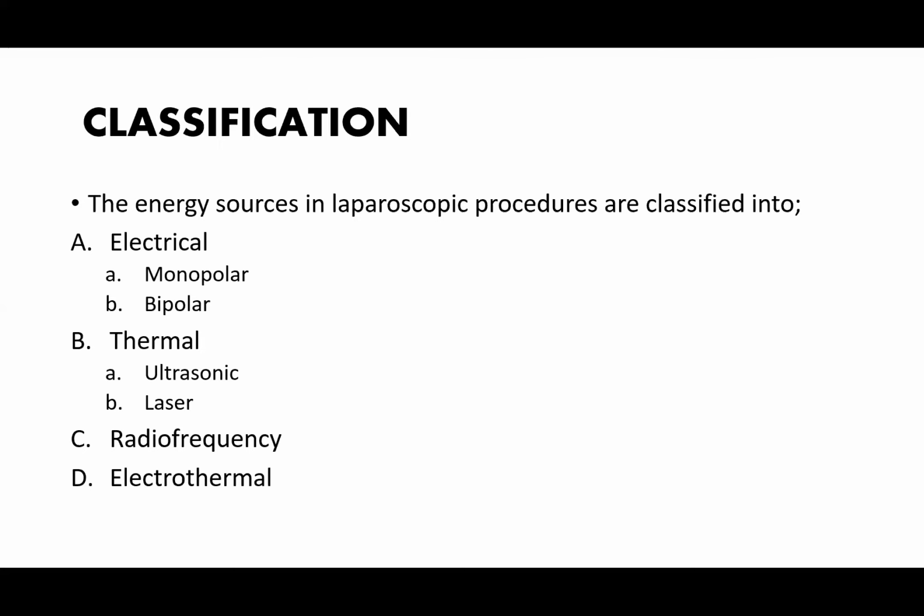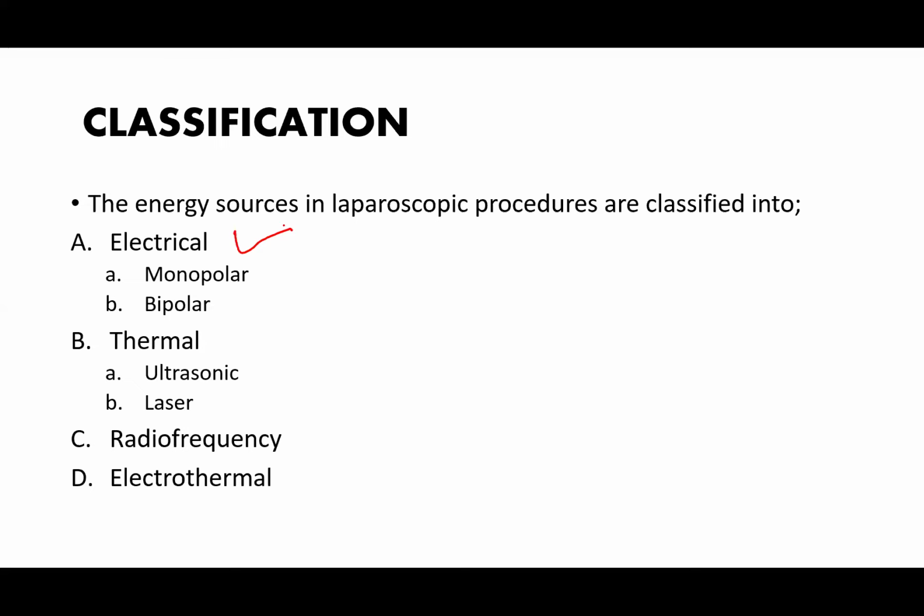We are going to talk about the electrical sources because this is one of the sources that is well known to us in open surgery. Our diathermy we use is also applicable in laparoscopic procedures.